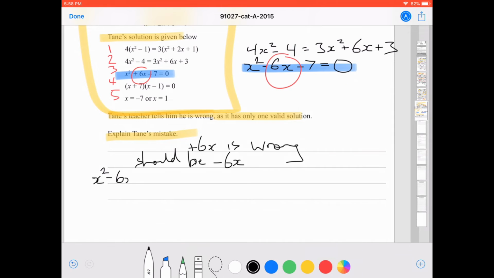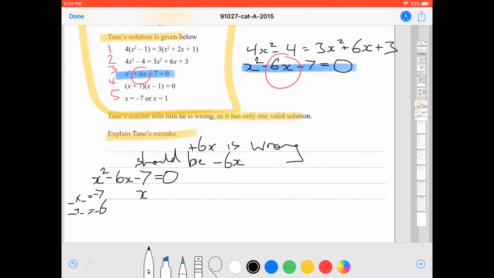So I've got x squared minus 6x minus 7, and this equals 0. We're looking for two numbers that multiply to minus 7 and add to the b term, which is minus 6. Those two numbers are positive 1 and minus 7.